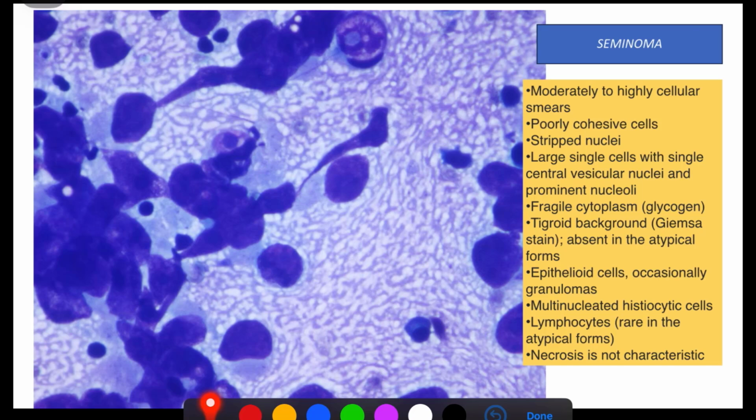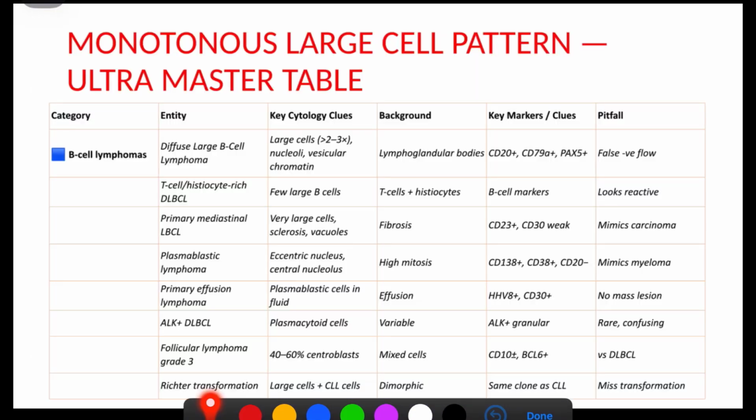So this is how you can identify all the metastatic lesions in lymph node.